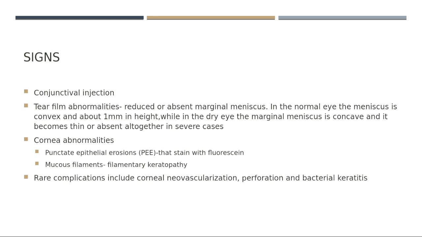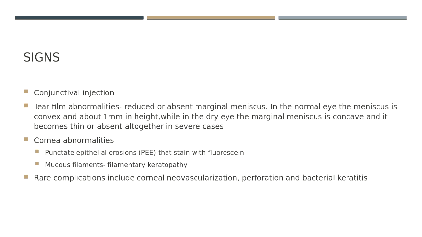So what are the signs of a dry eye syndrome? You get conjunctival injection and tear film abnormalities. Normally there is a tear meniscus, which is about 1 millimeter in height, but in the dry eye, the marginal meniscus is frequently thin or absent. You have corneal abnormalities.